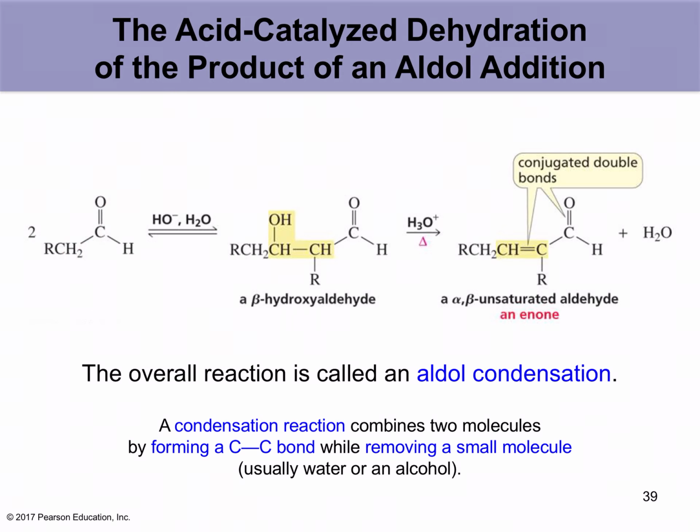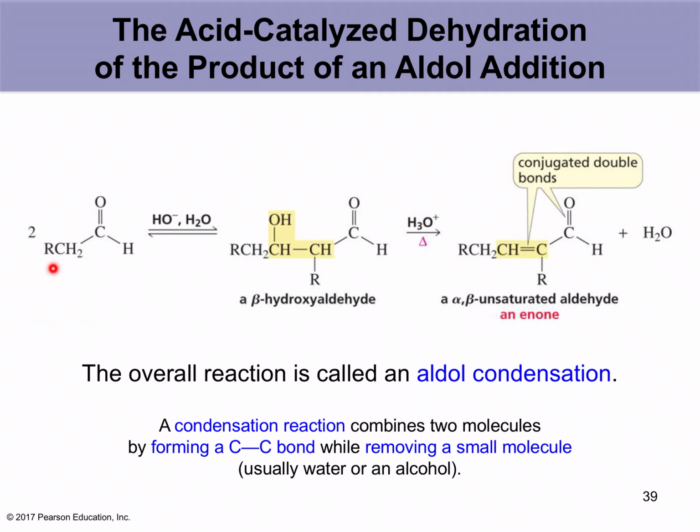Now this alcohol, the beta hydroxyketone or beta hydroxyaldehyde, we can dehydrate. Dehydration means removal of a water molecule. You can remove the water molecule because you have an alcohol group over here, and we can get an alpha beta unsaturated aldehyde or alpha beta unsaturated ketone, depending on the starting material.